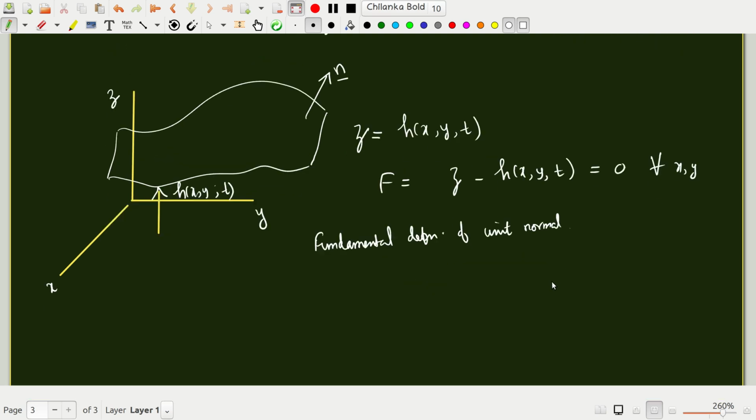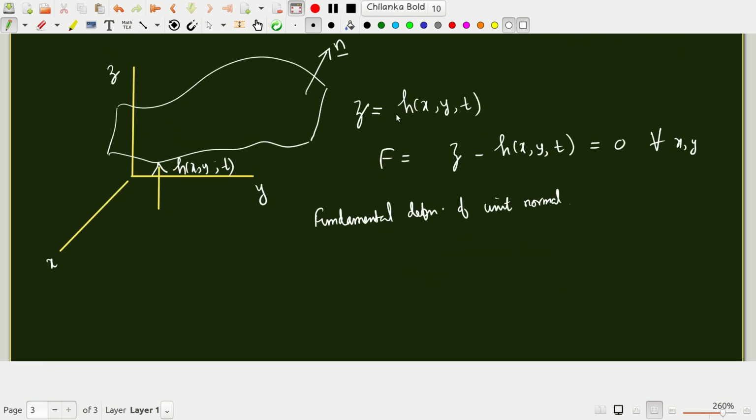You know from basic vectors that if I take surfaces of constant temperature T, the gradient of temperature points in the direction perpendicular to surfaces of constant temperature. Likewise here I have a surface in which f is constant, that is the interface, which is 0 actually.